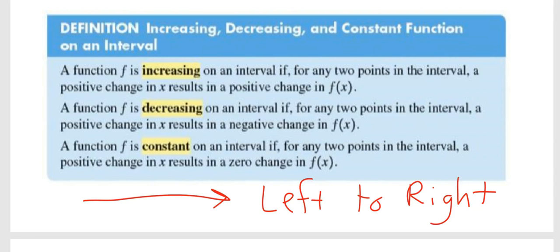If everything's moving from left to right, imagine you're on a roller coaster with these things. I'm going to be asking you, are you going up? Are you going down? Or is the graph flat? That's basically what you're looking at. Increasing, decreasing, constant. But you got to understand that you're moving from left to right. If you lose sight of that fact, you might get the wrong answers. Okay?